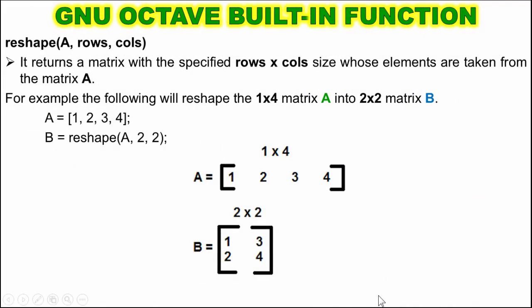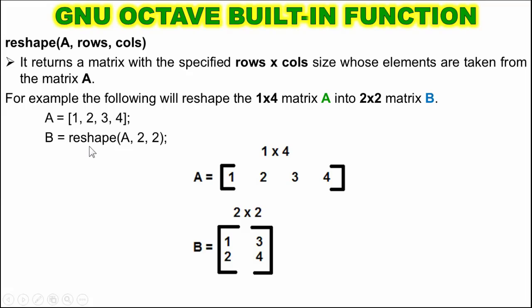The reshape command returns a matrix with the specified rows and columns size whose elements are taken from the matrix A. For example, the following will reshape the size 1 by 4 matrix named A, containing values 1, 2, 3, 4, into a 2 by 2 matrix B by calling reshape.